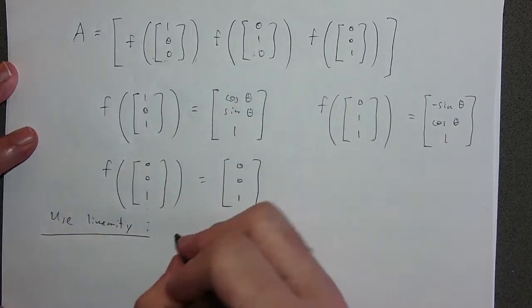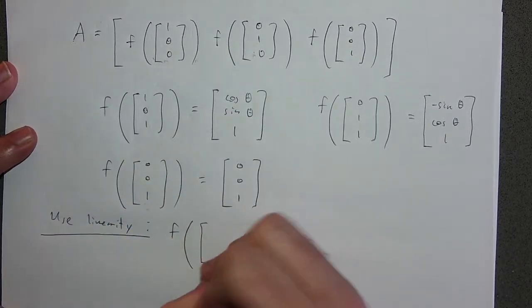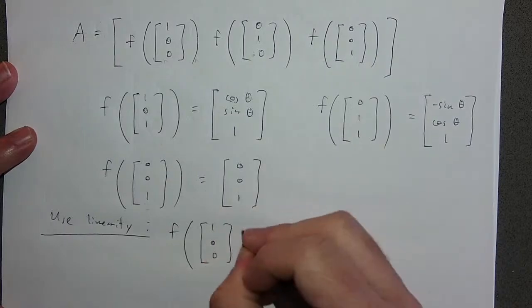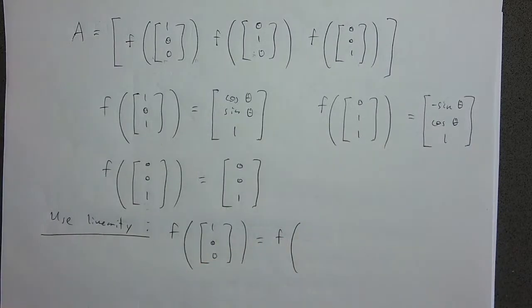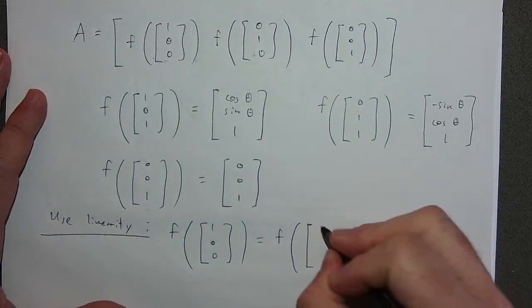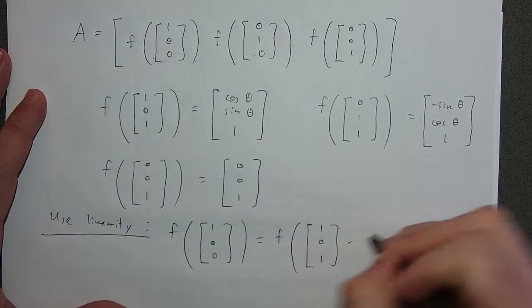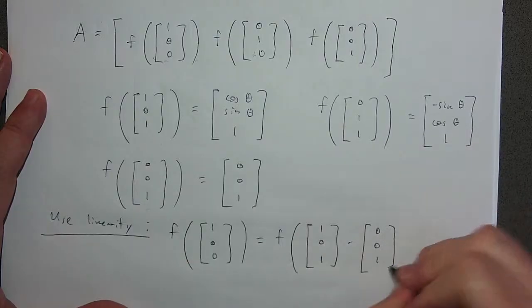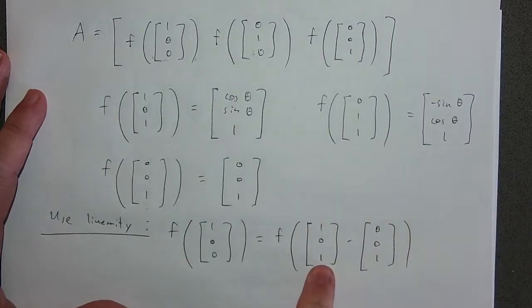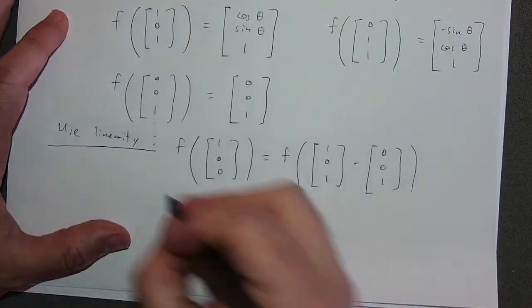If I do that, f of 1, 0, 0 is f of, just like last time, f of 1, 0, 1 minus 0, 0, 1, so that I can subtract off this last entry here.